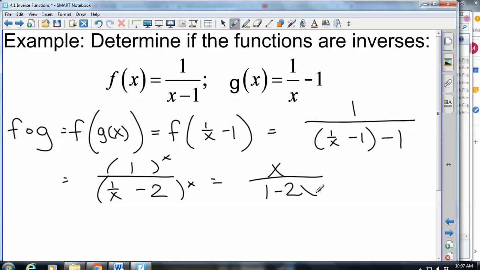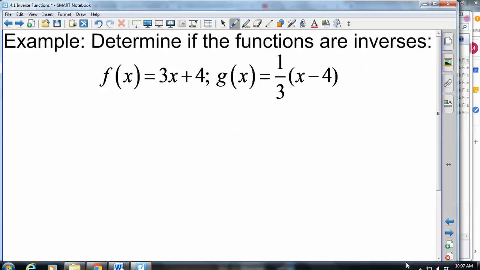But even then, you just get x over 1 minus 2x. This is not x, so there's no need for me to try the other one. What can I say right now? Not inverses. If one of them doesn't work, don't bother trying the other one. You can just stop and say they're not inverses.